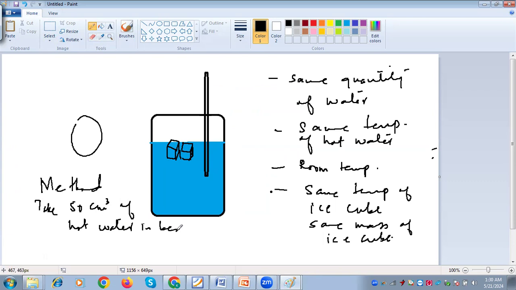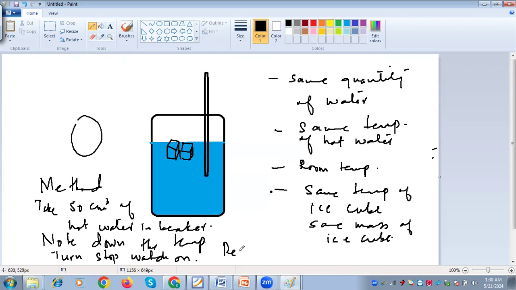In a beaker. Note down the temperature. Okay, and turn the stopwatch on and record the time taken by ice to melt.